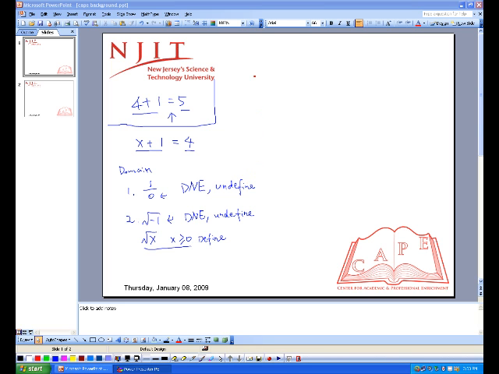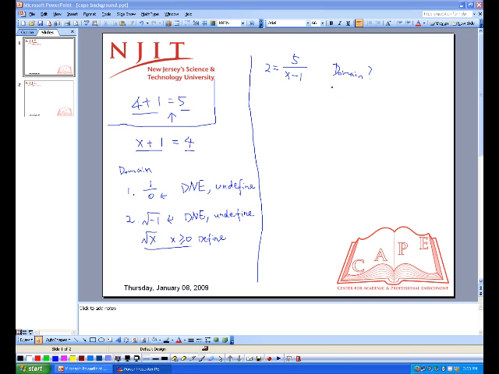Now once we know that, if the expression is not undefined, then it's defined. So let me show you through an example. 2 is equal to 5 over x minus 1. What is the domain of this equation?